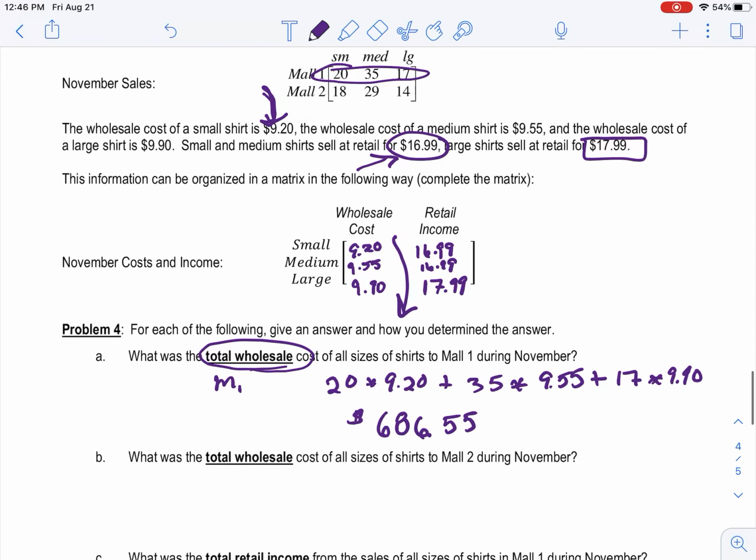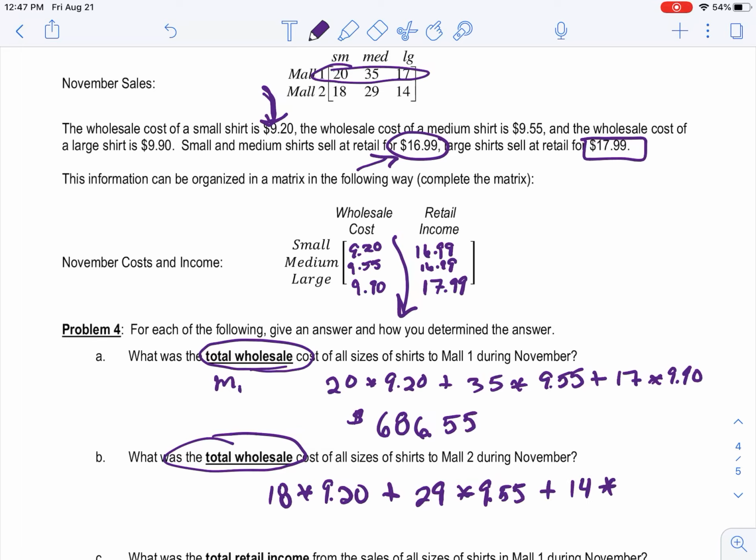Okay. What's the total wholesale cost of all the shirts from Mall 2 during November? So now, wholesale again. We want these wholesale prices. We're going to take 18 times $9.20 plus 29 times $9.55, plus 14 times $9.90.